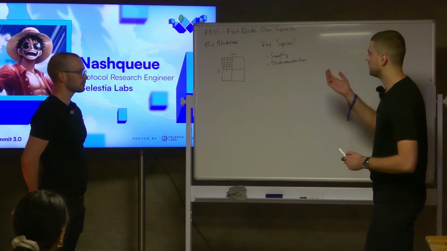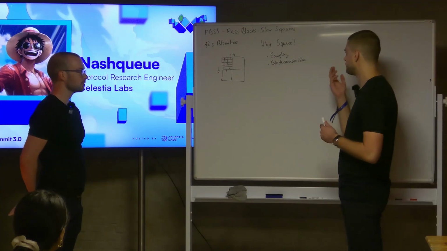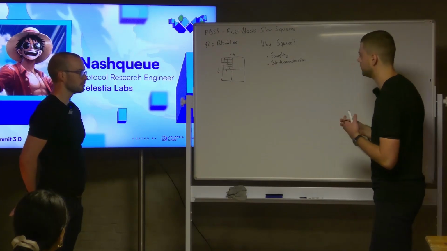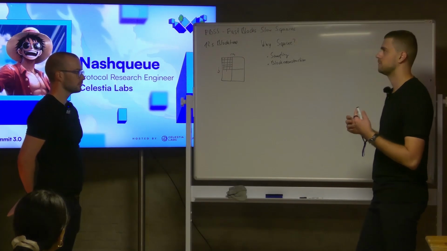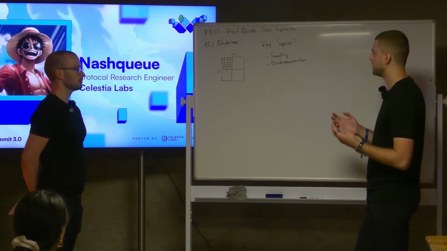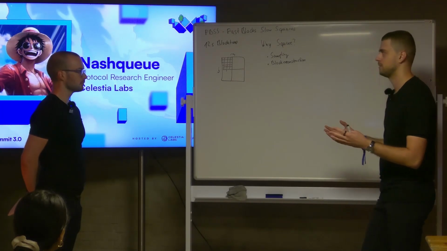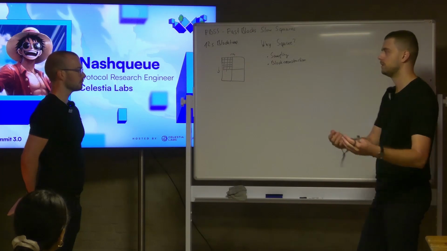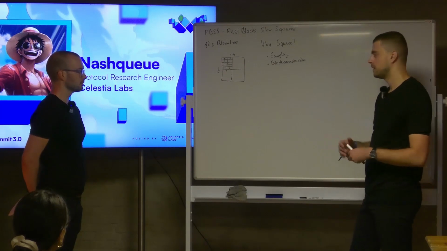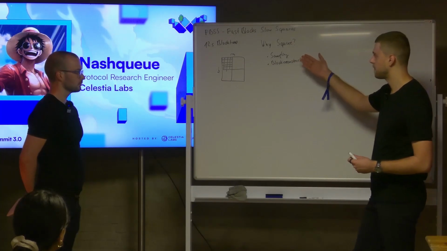So when a new block is created, we basically always have to construct a square. The light node would receive the header and start the sampling.